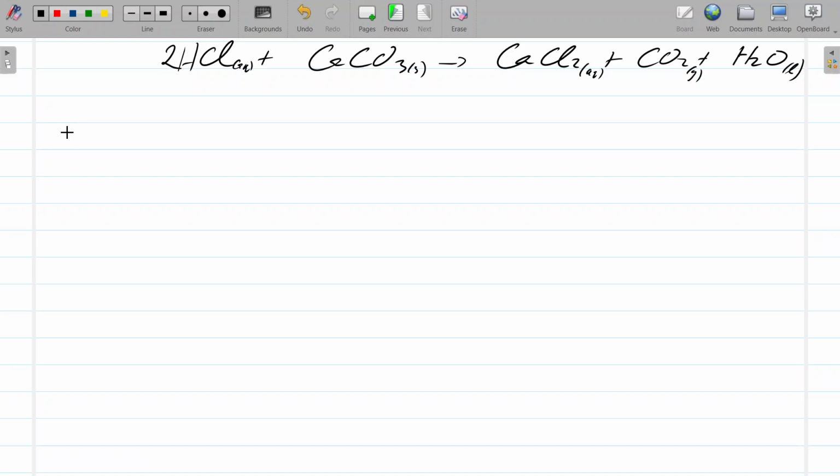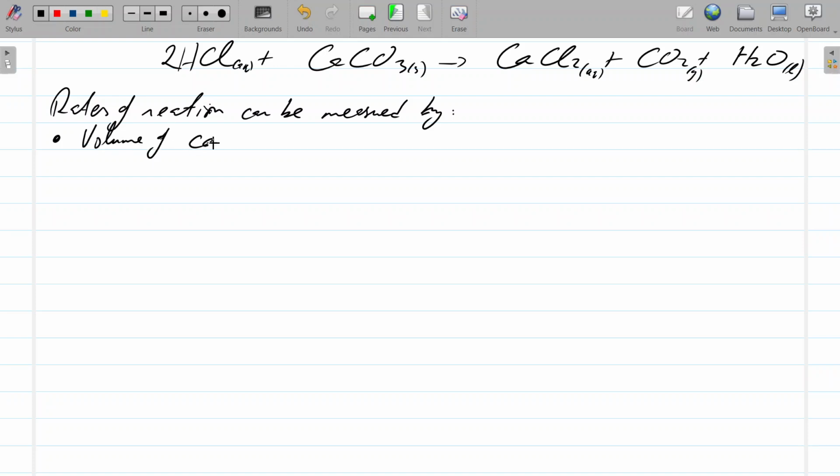In this case, rates of reaction can be measured by either the volume of carbon dioxide given off, so it's a gas, so you measure the volume of carbon dioxide gas produced, or the loss of mass in the mixture.